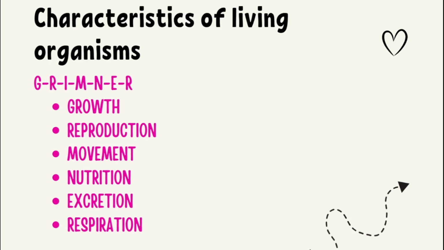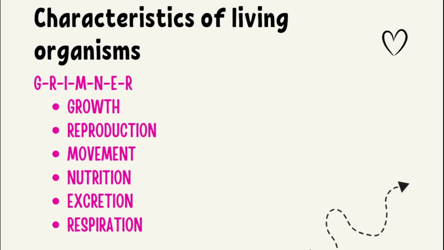Then we're going to talk about reproduction. If something is living, it needs to be able to reproduce and produce more offspring, right? And then I, which is missing on here, is irritability, right? So irritability, slash sensitivity. In order for something to be living, it has to be able to respond to stimuli.